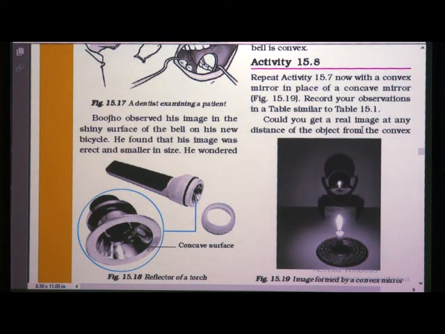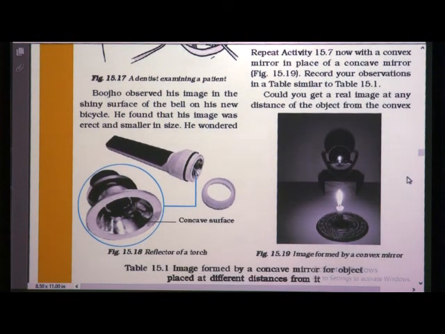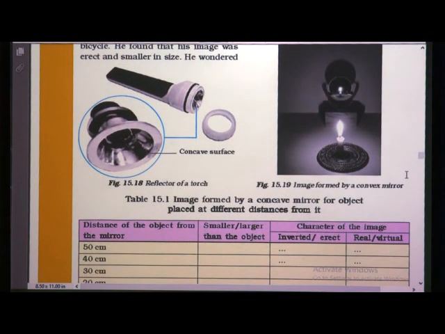Whatever observations we recorded in our first table 15.1, exactly that you have to record here. Then, could you get a real image at any distance of the object from the convex mirror? So what will be your result?